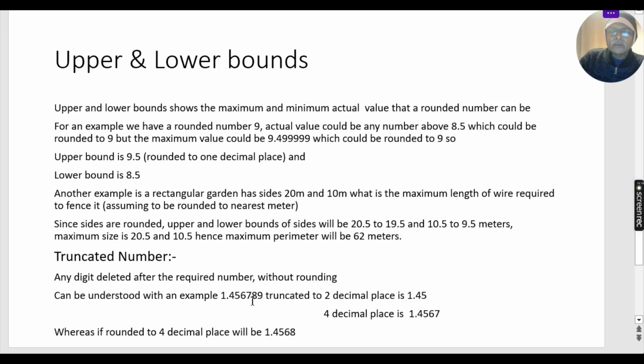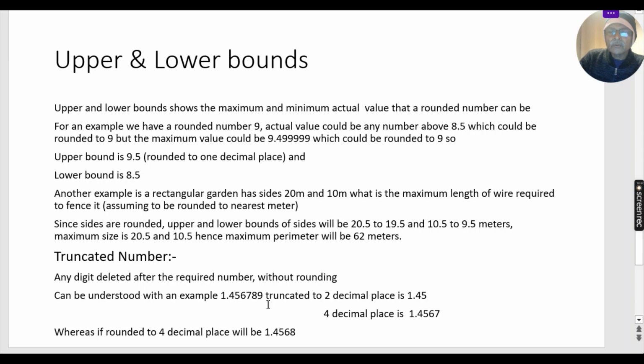So we will simply write 1.4567. Here, if we were rounding off, then this 7 would become 8 because of the 8 as the 5th number.